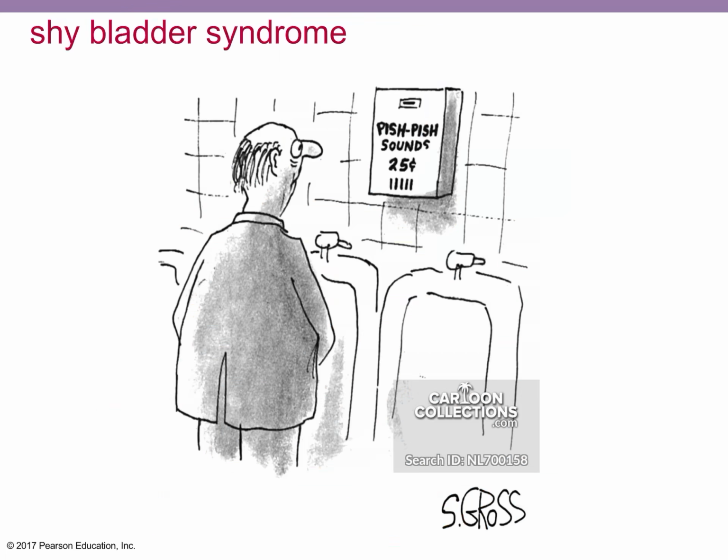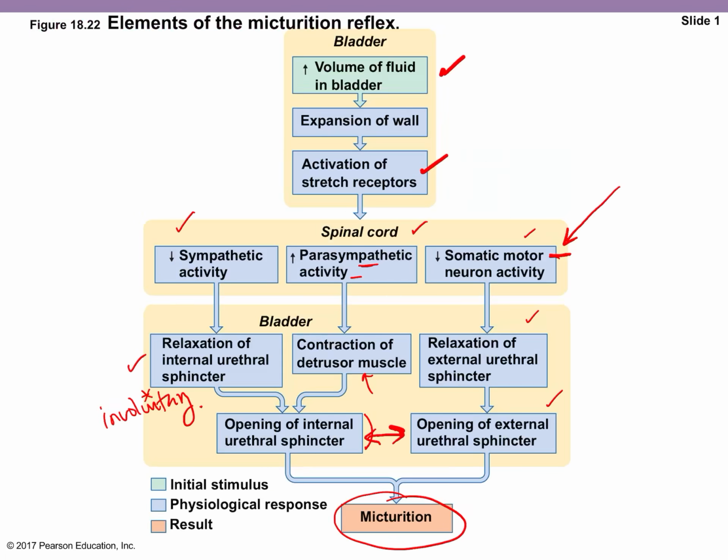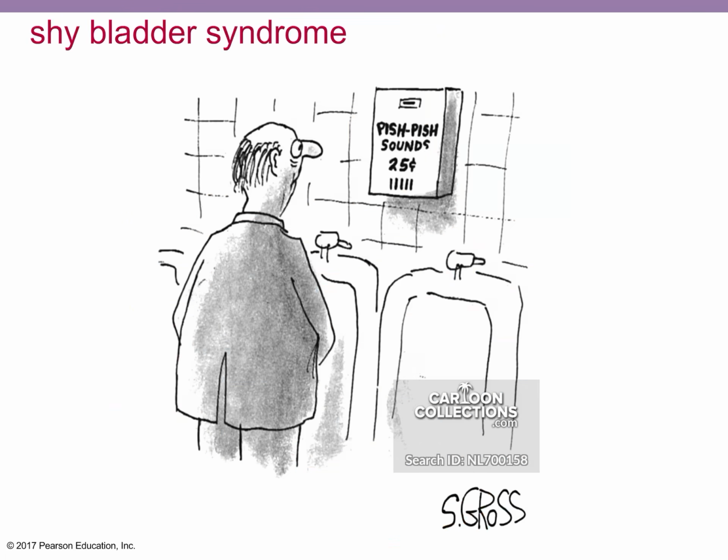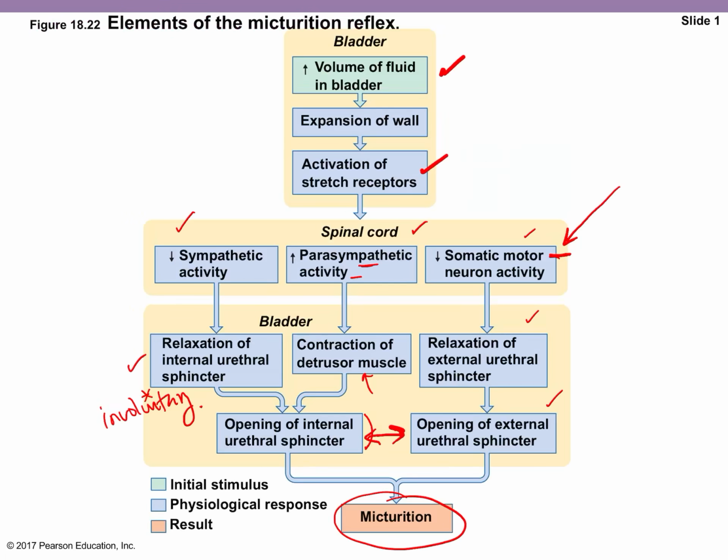A lot of people have this issue mildly, right? You go to a public restroom, you feel shy, and maybe you can't relax enough to actually let go. That can be any part of this, but then it can become pathological.